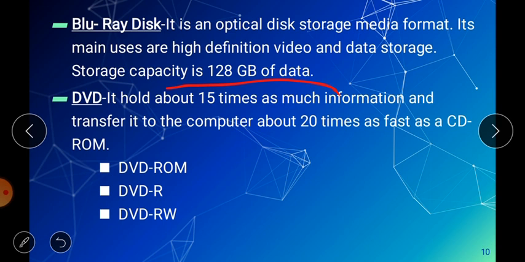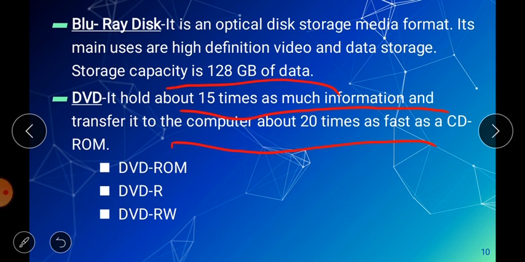The next is DVD. The storage capacity of the DVD is again greater than the CD. So how? Because it stores much more information and transfers it faster. Means the capacity of the DVD is 15 times greater than the CD, and the speed of transferring the data is 20 times faster than the CD.